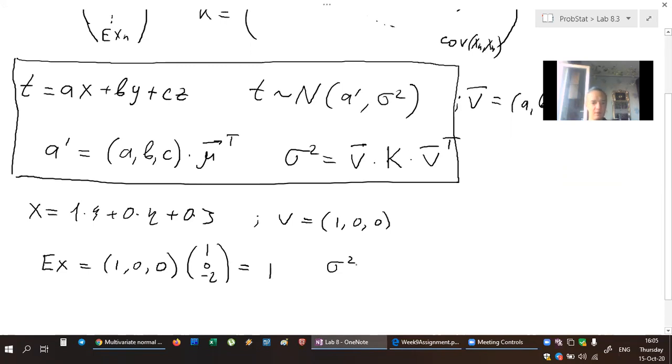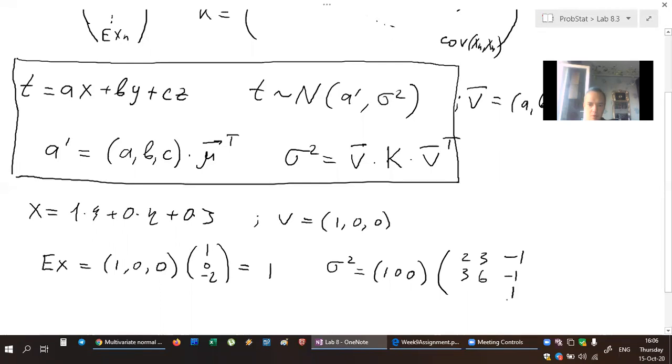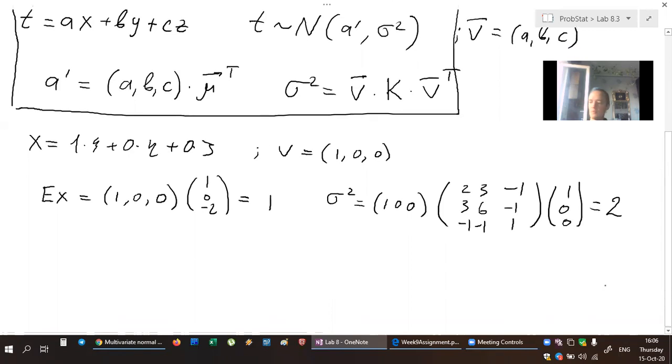And sigma square is equal to (1, 0, 0) multiplied by matrix K multiplied by the column (1, 0, 0). If we do this multiplication, we get 2 in the end. So this random variable xi is normally distributed with parameters 1 and 2.